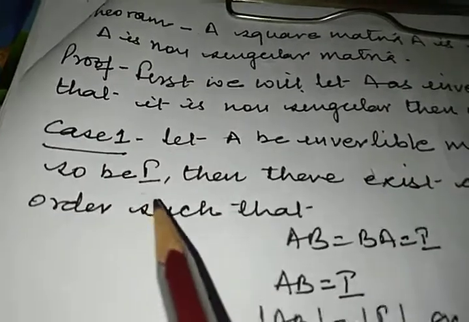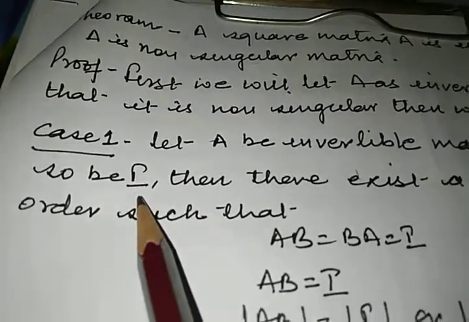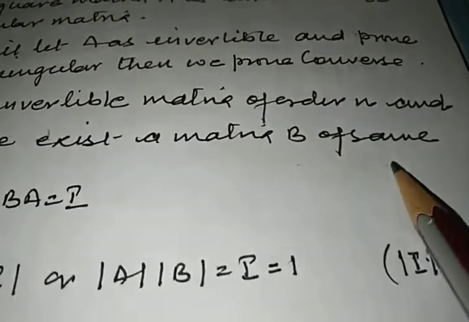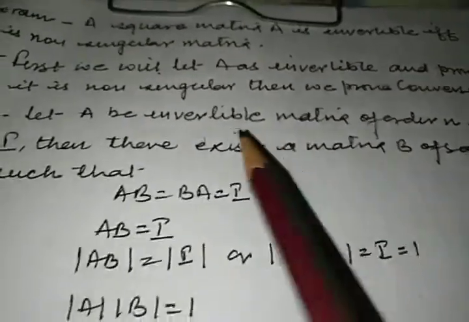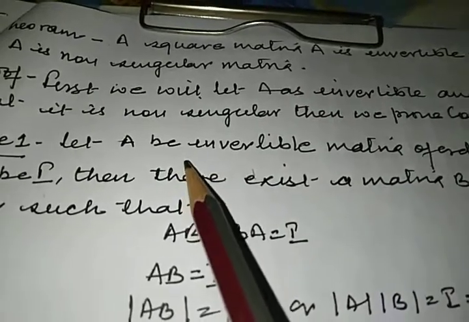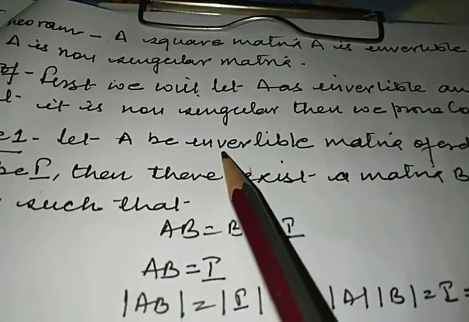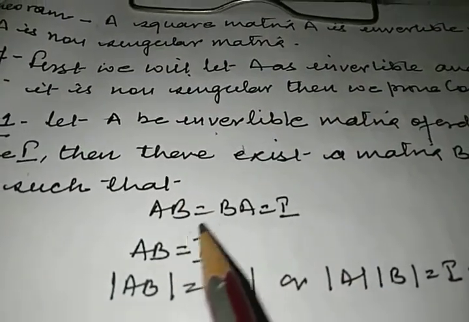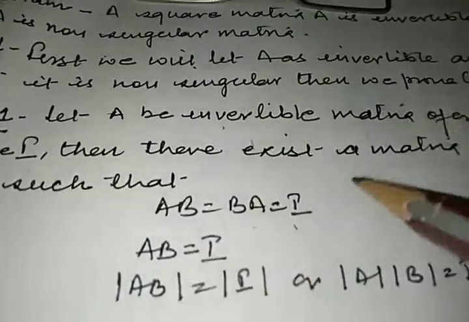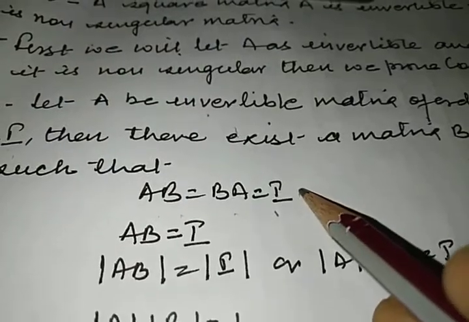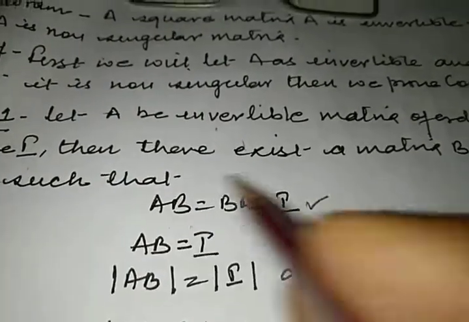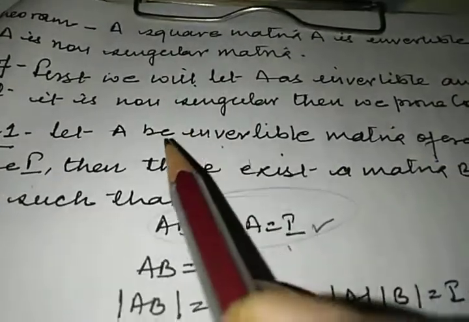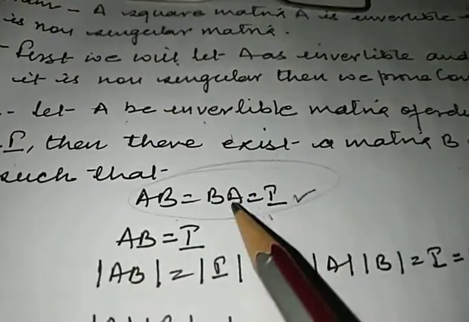Then there exists a matrix B of the same order such that AB is equal to BA is equal to I. If you remember, this was the condition for a matrix to be invertible. If this does not hold, the matrix can't be invertible. Since A is invertible, B will also be there.